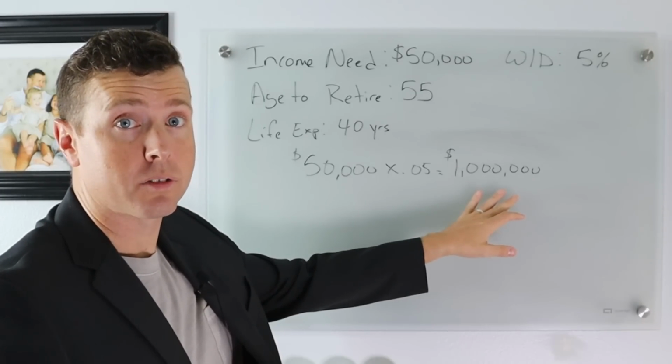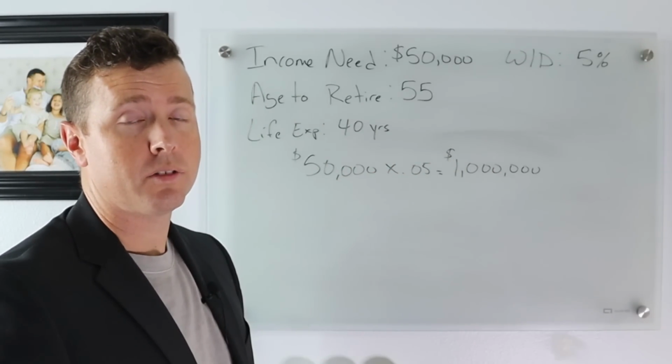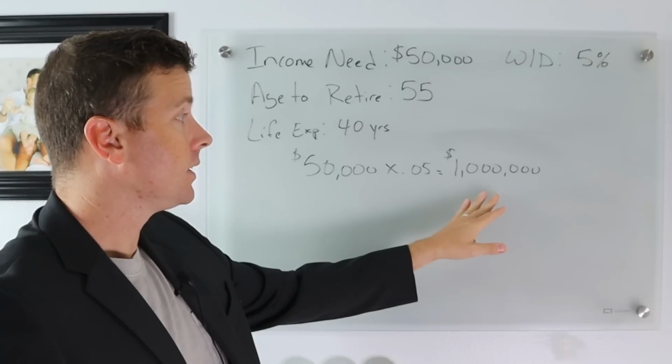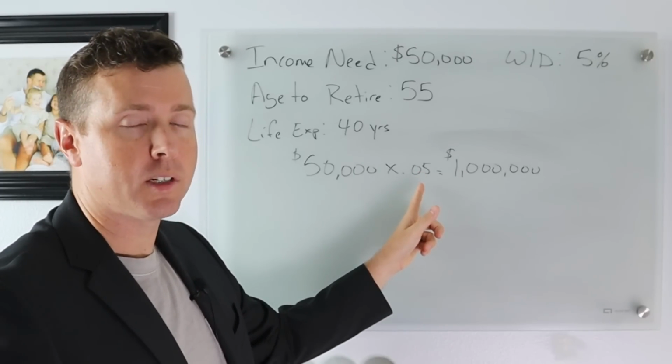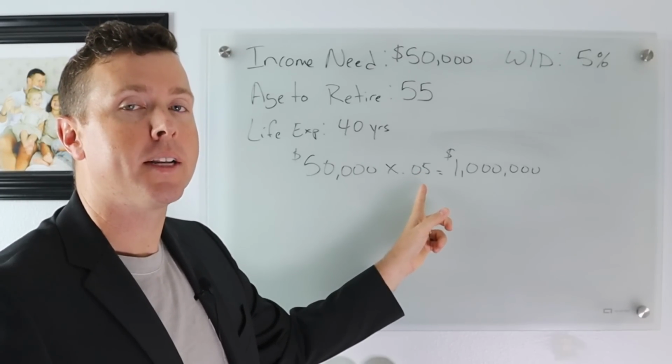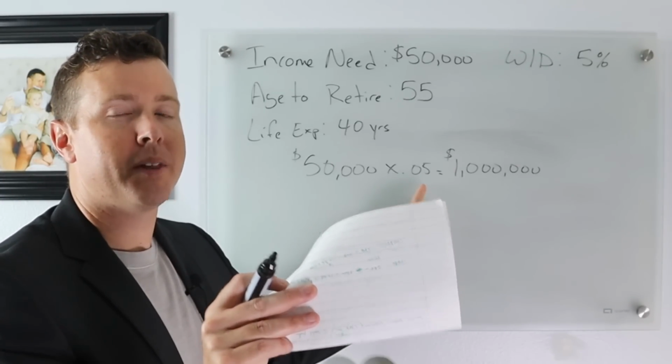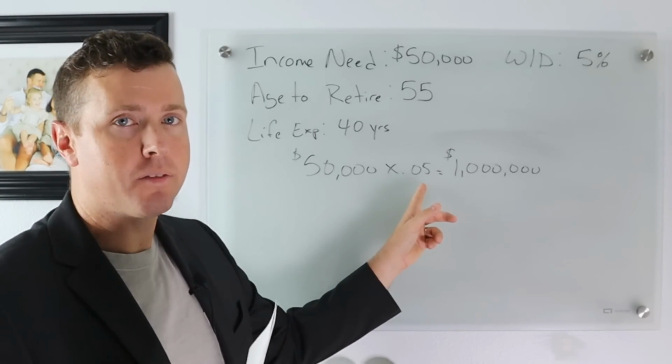So $1 million. So if we need $50,000 a year, we're going to do a 5% withdrawal rate. We need $1 million. Keep in mind the 5% withdrawal rate is not what the money's earning in the stock market. No, that's the percentage that you're pulling out of your investments.